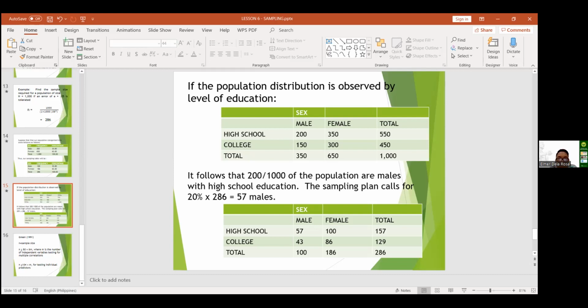For example, pwede ko pang gawing yung high school na to at college ay split ko pa into public and private. So yung 57 na male, mahahati pa yun into another group of cluster or stratum, which is type of school.